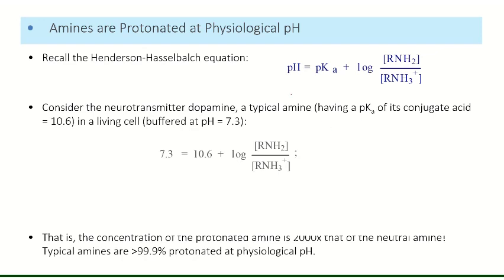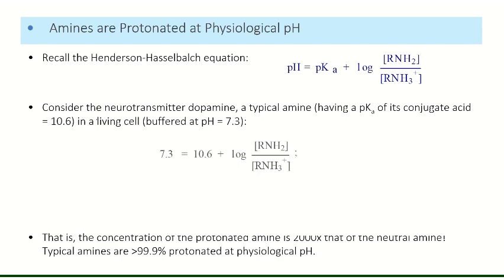Remind ourselves how we derived the Henderson-Hasselbalch equation. We looked at the equilibria between the acid and the base. In the Henderson-Hasselbalch equation, pH equals the pKa plus the log of the conjugate base over the acid.